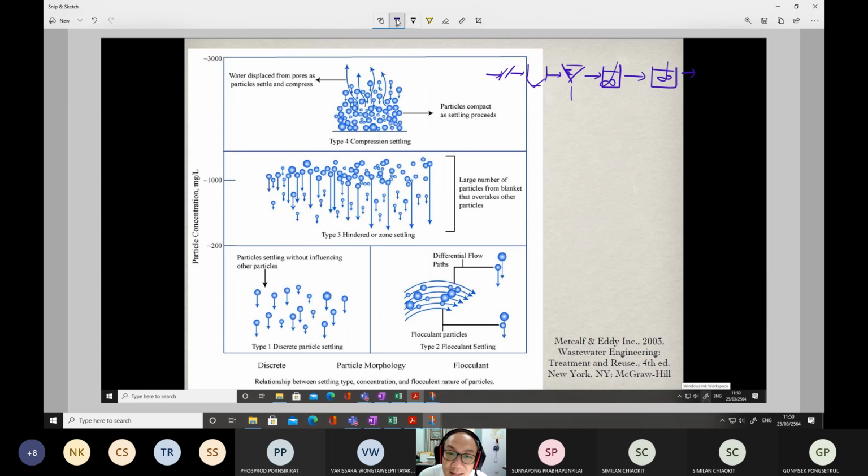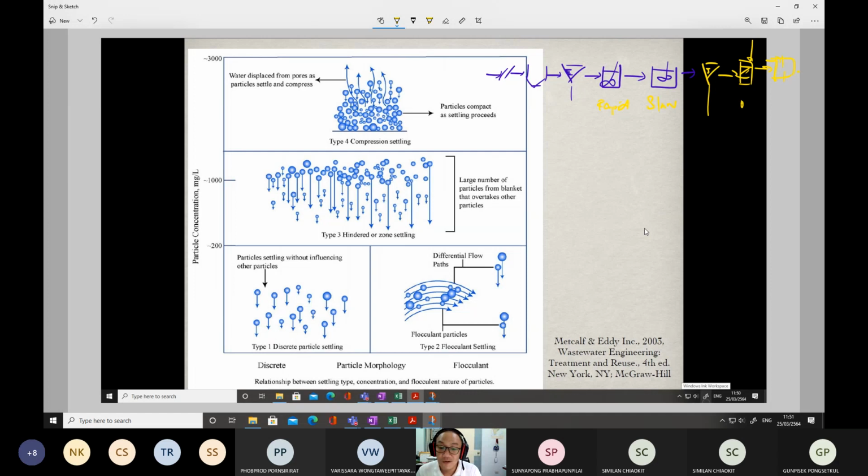After that we provide a secondary sedimentation tank again. This is rapid, this is slow. This is the sedimentation tank, and then filter, and probably chlorine disinfection.